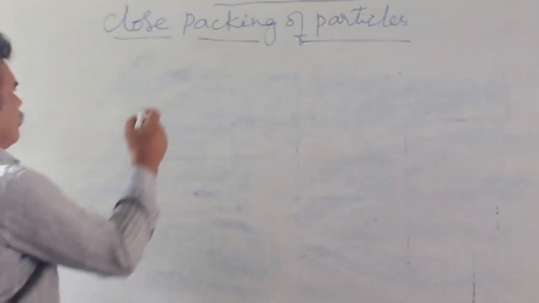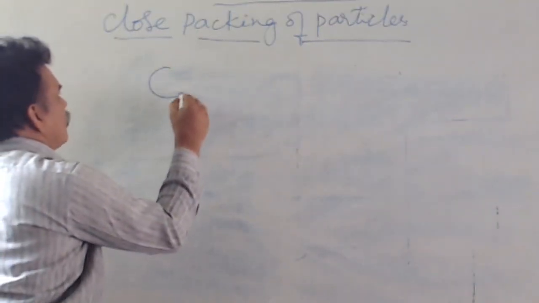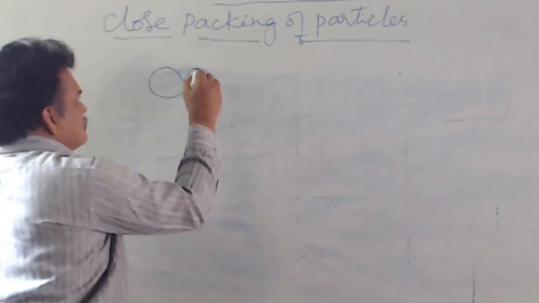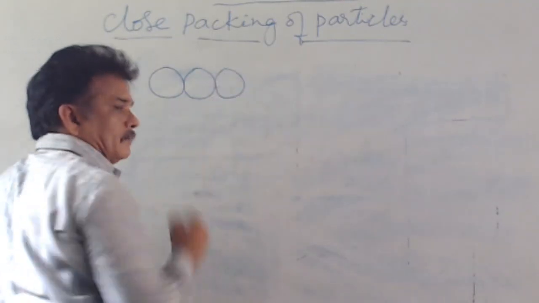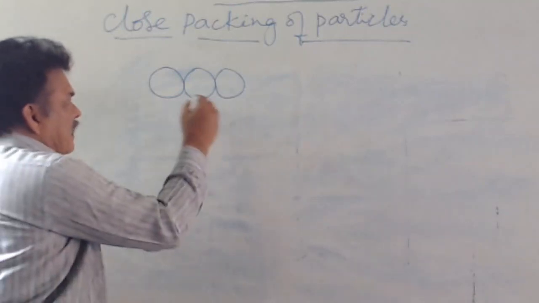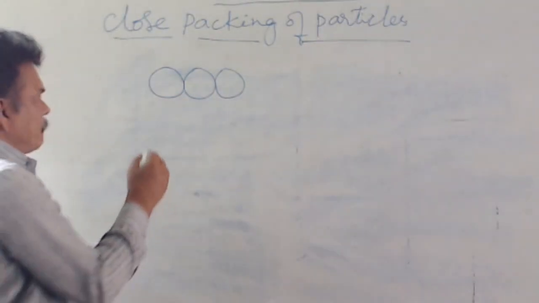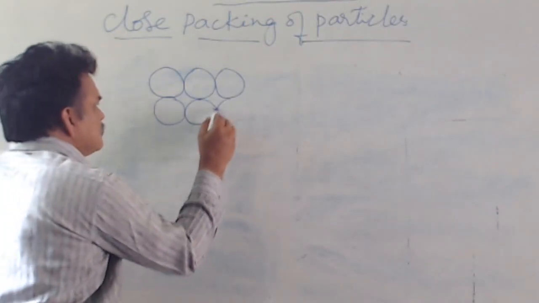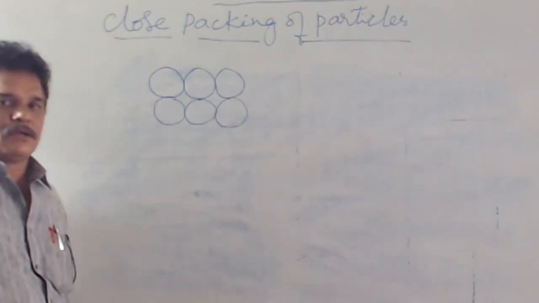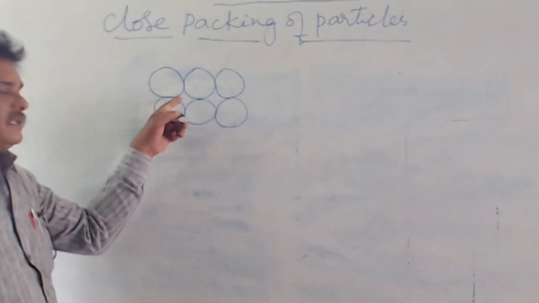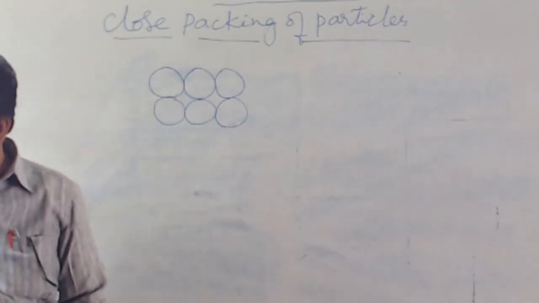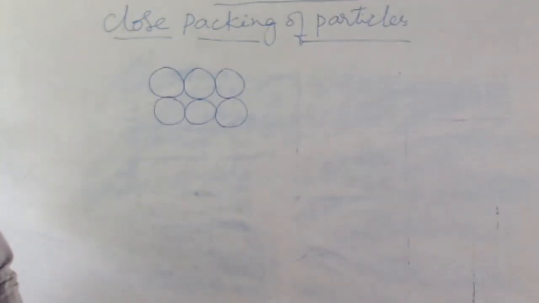Say this is one particle. This is another particle. Then these particles come close to each other and say this is another particle. So between these particles, some vacant space exists, which is called void space.